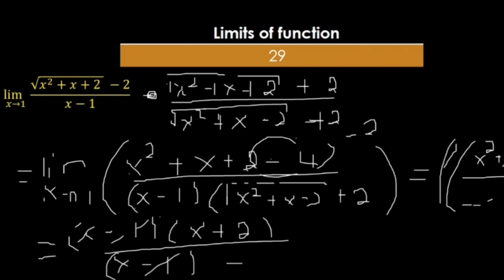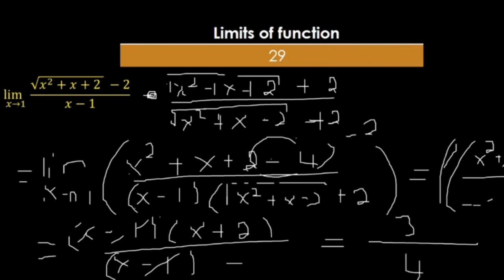You have x plus 2 all over this. If you substitute, we have 1 plus 2, that is 3, all over, substituting directly up here, 1 squared is 1, plus 1 is 2, plus 2 is 4, square root is 2, plus 2, that is 3/4.